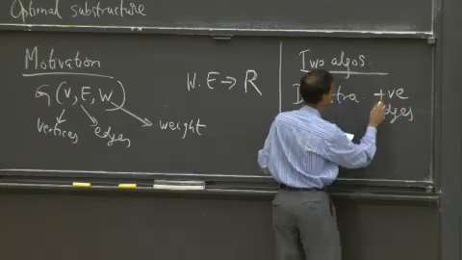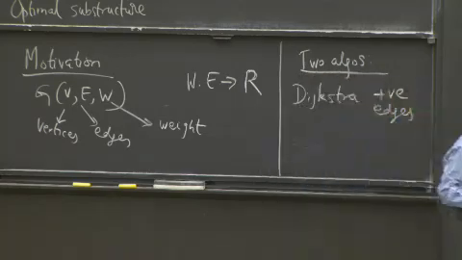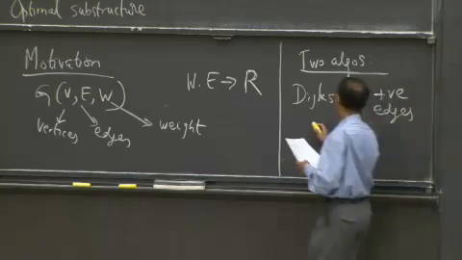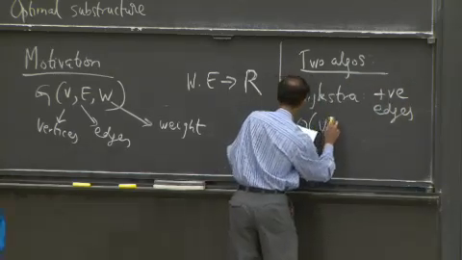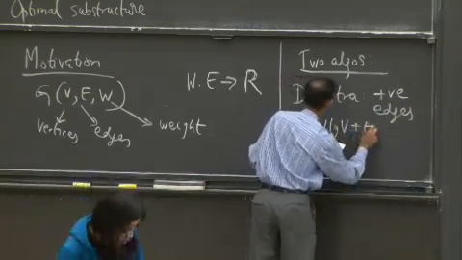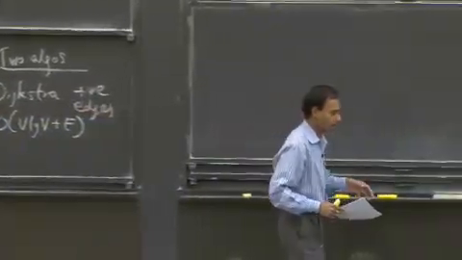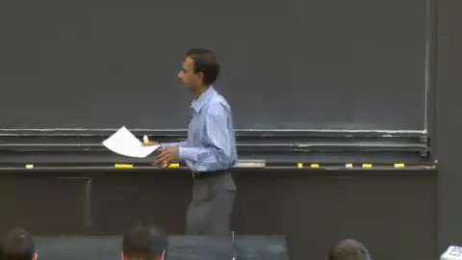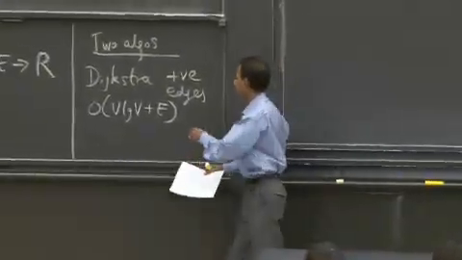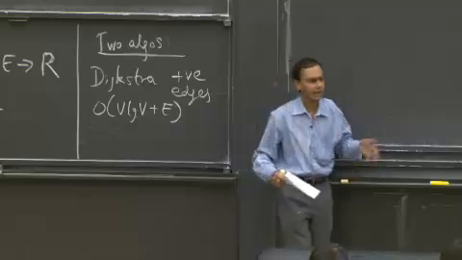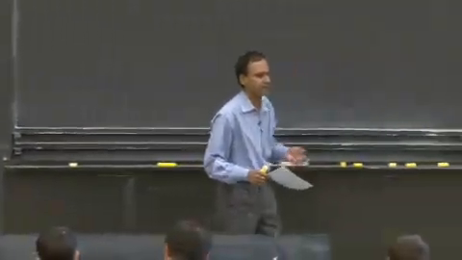So read that as non-negative. And that has a complexity of order V log V plus E. All right? So this is practically linear time. And typically, you're going to be dominated in many cases by E.